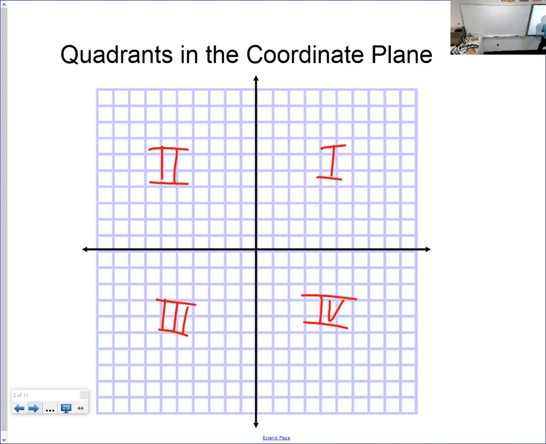Good. Yeah, if we have a point, then both coordinates are positive. In the second quadrant, negative, positive.